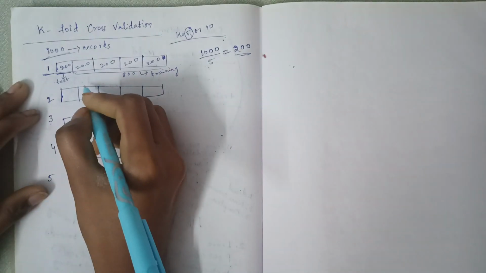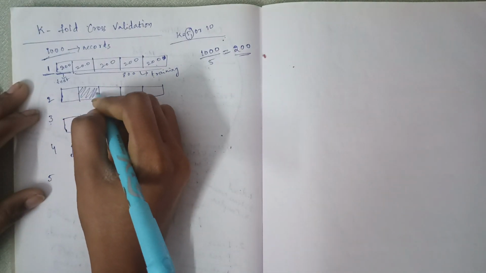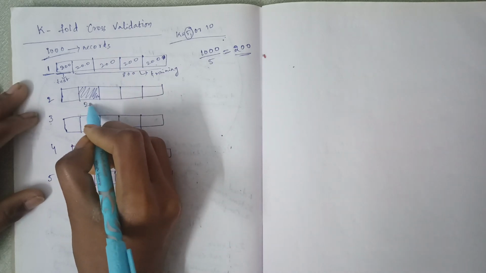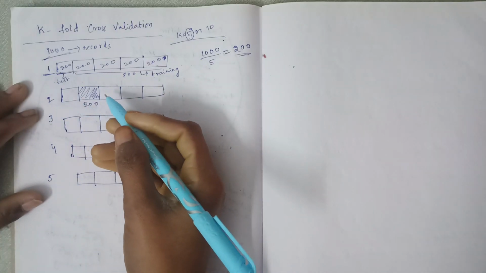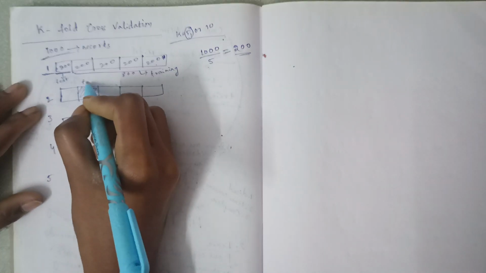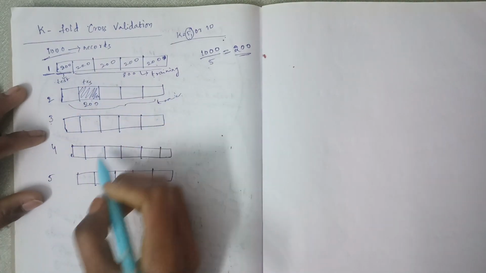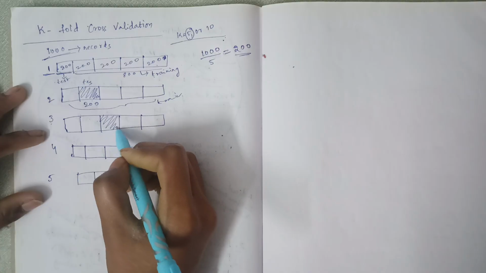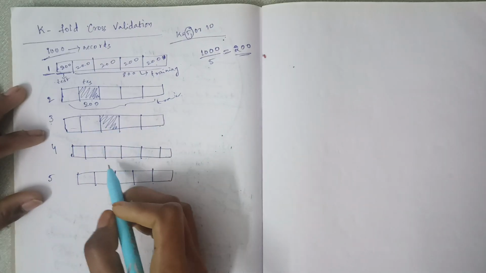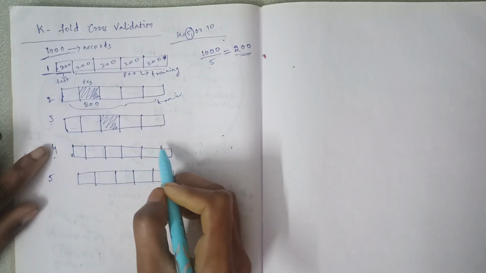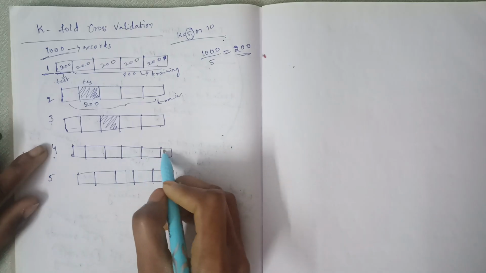And in the next one, the second 200 observations will go for the testing, and the remaining will go for the training. In the third iteration, the third one will go for the testing and the remaining for the training. And in the fourth fold, this fourth, sorry.